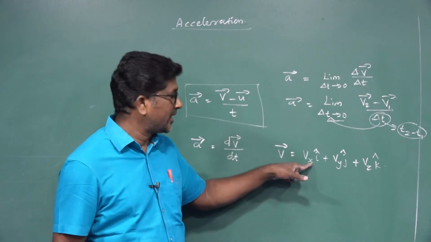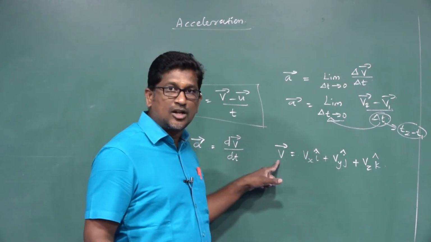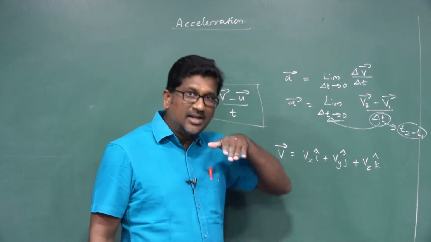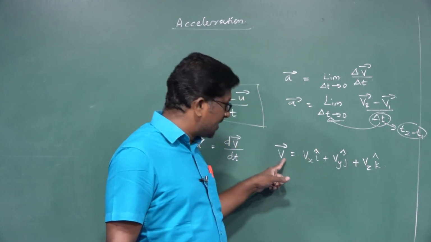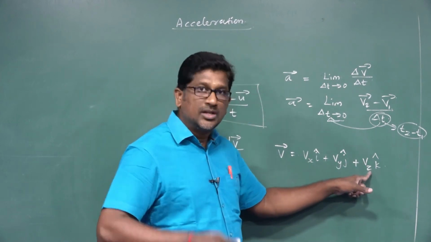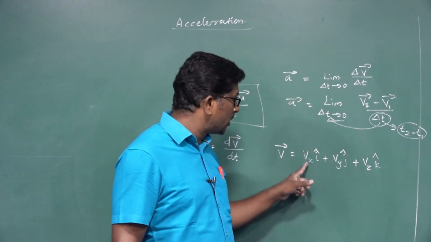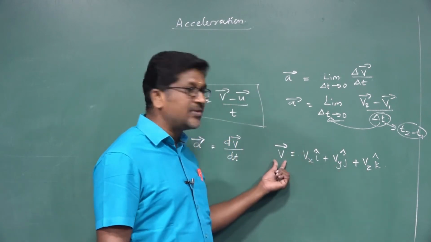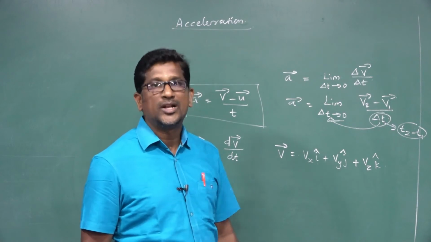And vy gives the velocity of the particle in y direction, and vz gives the magnitude of velocity of the particle along z direction. So vx, vy and vz are scalar components of v vector. i cap, j cap and k cap are orthogonal unit vectors.